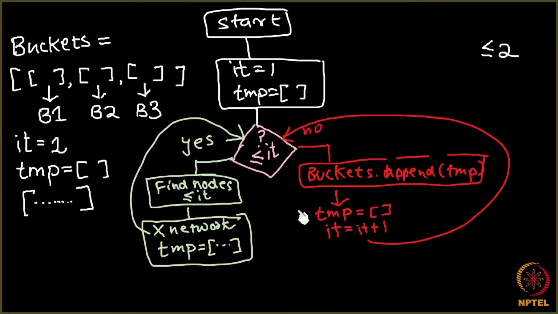We keep doing it. Now do you see? This code will keep running forever. There is some problem with this code. At one time, all the nodes from this network will be removed, and that is the time where we should stop.